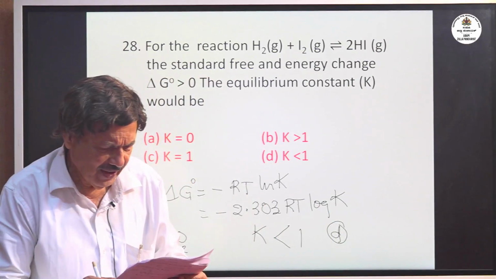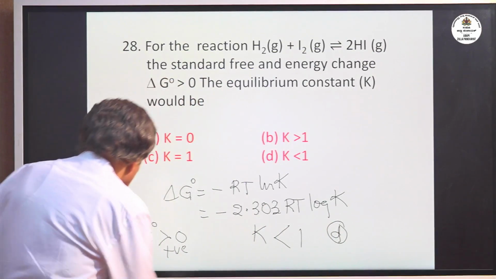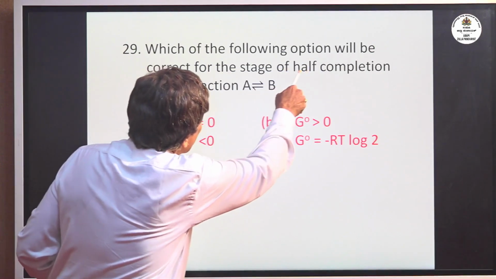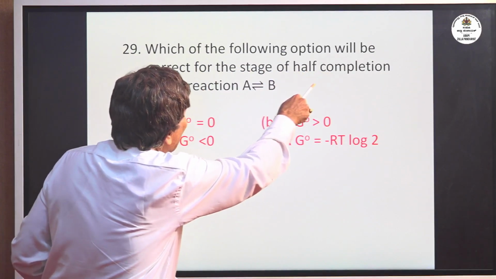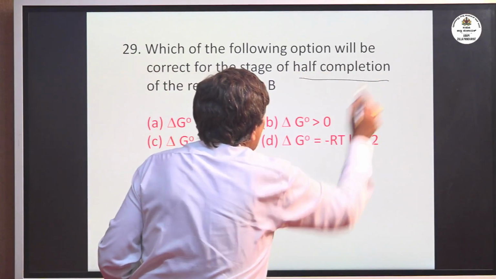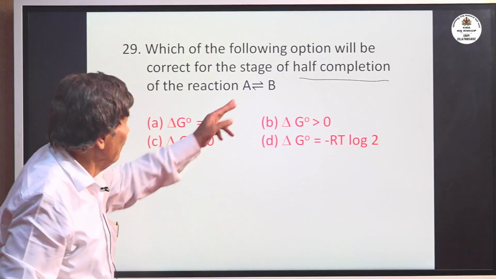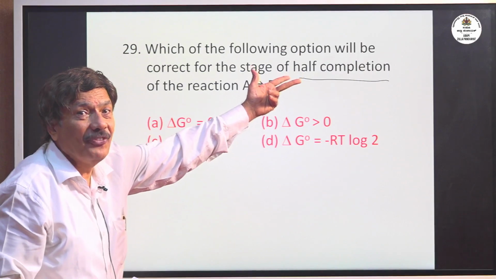Yes, we will move on to the last but one. For the reaction, which option is correct for the stage of half completion? When this reaction is half completed, 50% of A will disappear and 50% of B will be formed.